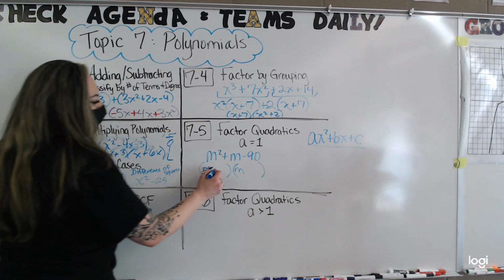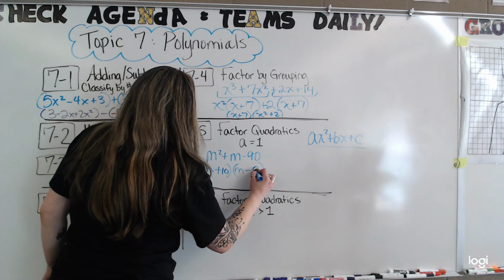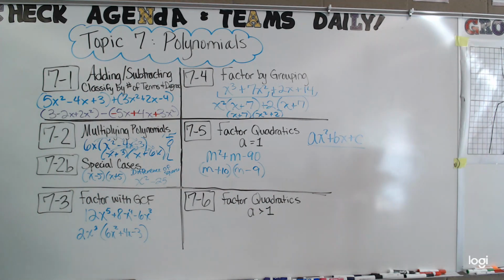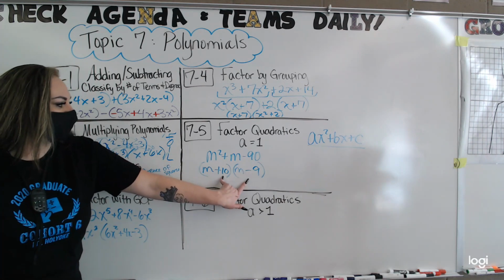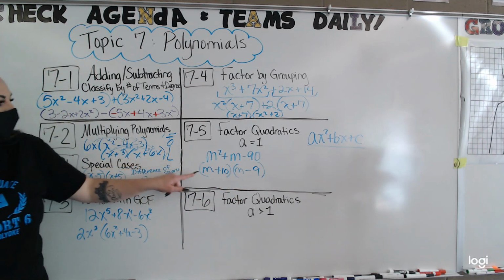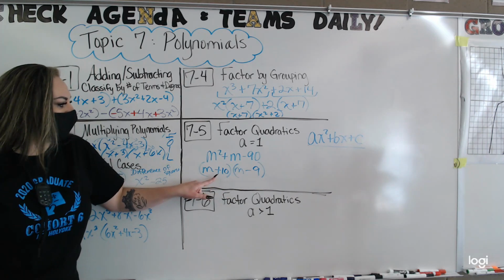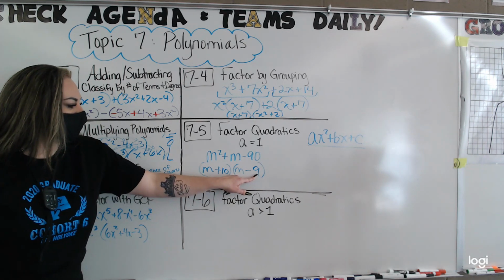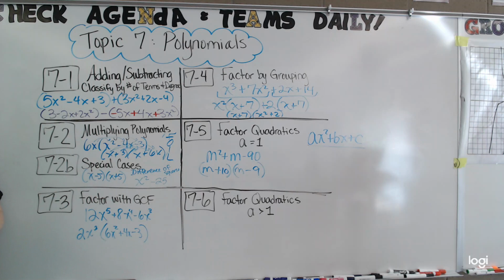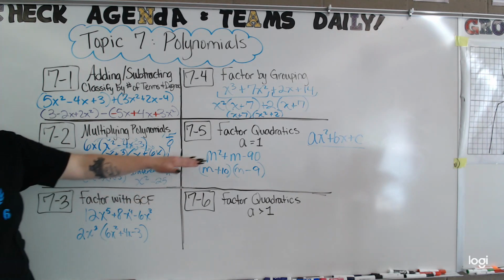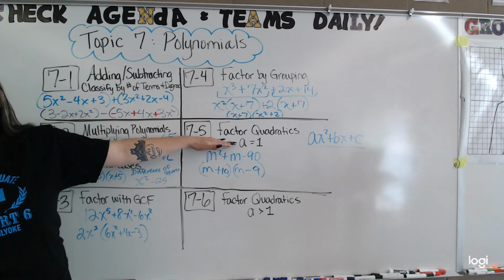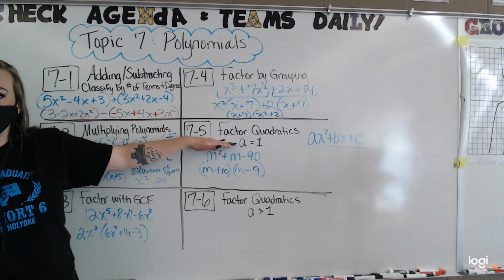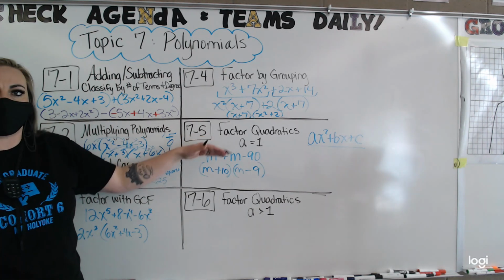And then we need a positive 10 and a negative 9 to give us a C value of negative 90, our last, but also 10m plus negative 9m gives us 1m. This is what we do when a equals 1. So when you don't see a coefficient written, you know the coefficient is 1. That means a equals 1.